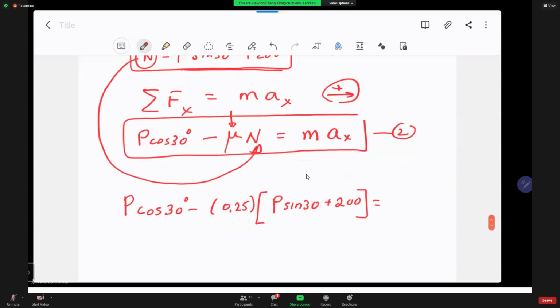And the mass, remember, W is equal to mg, right? The weight is equal to mass times the acceleration, in this case gravity. So there is a difference between a mass and the weight. Weight is a force, mass is a mass unit. So mass times acceleration is the force, and weight is the force. So the m is basically W divided by g.